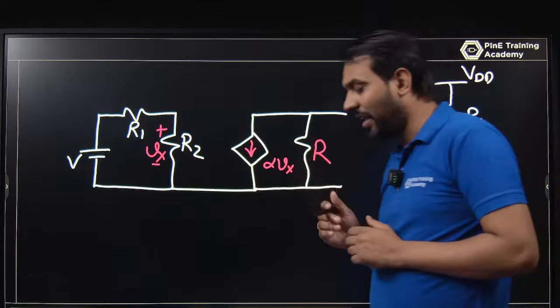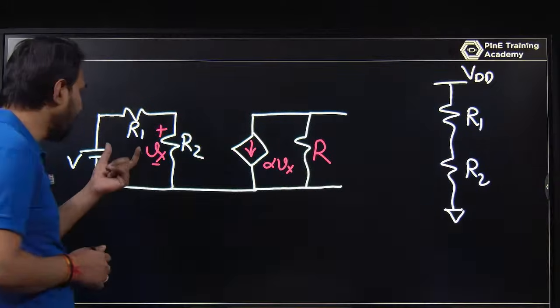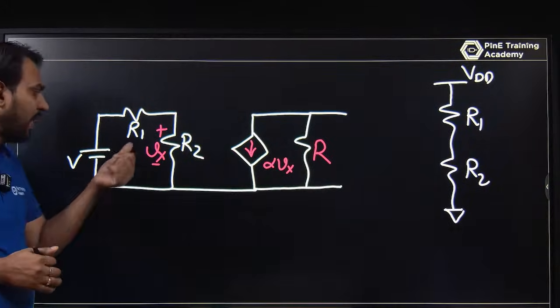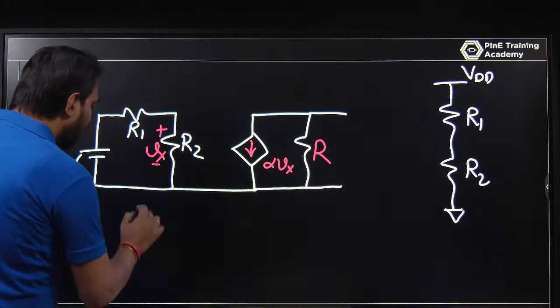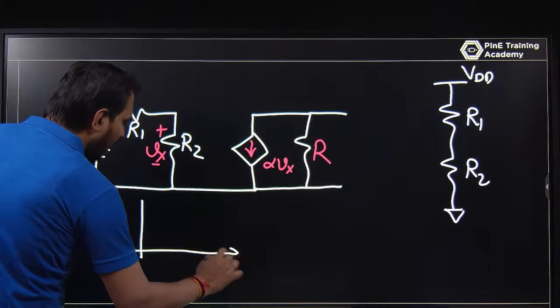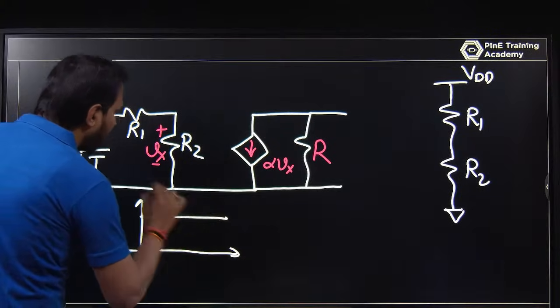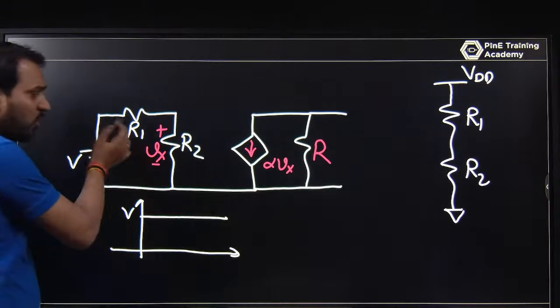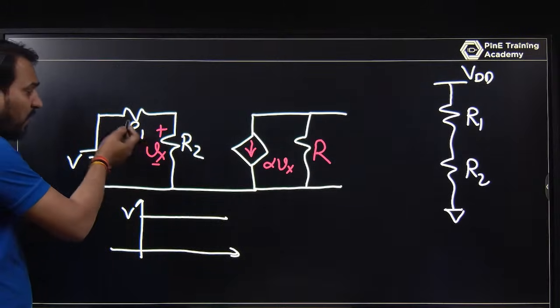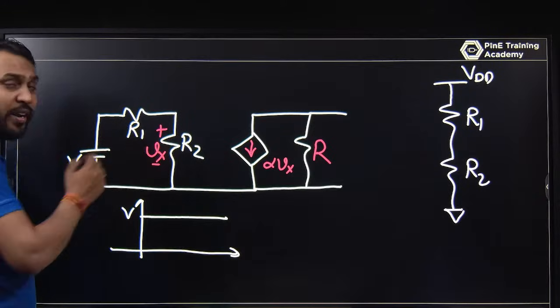What is happening here? You are defining this as a voltage, and this will provide Vx. Let this be the voltage V. Vx should be less than V, because the voltage will divide with the help of R1 and R2.